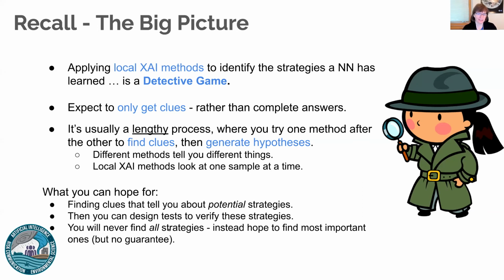This is where the domain science really needs to come in and say, oh, this makes sense because, and then you test it on more samples. But there's never a proof. It's still just a hypothesis. And you can never say that you found all the strategies of the neural network. You found, hopefully, the most important ones.